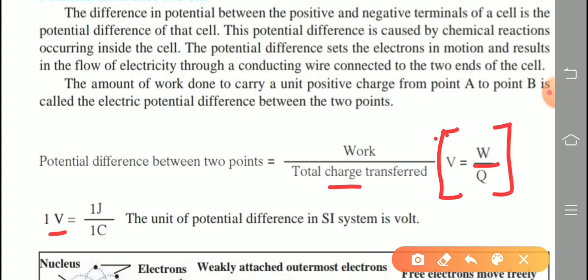V means nothing but volt. Work is measured in joule and electric charge is measured in coulomb. So 1 volt means nothing but 1 joule upon 1 coulomb. This ratio is called 1 volt potential difference.